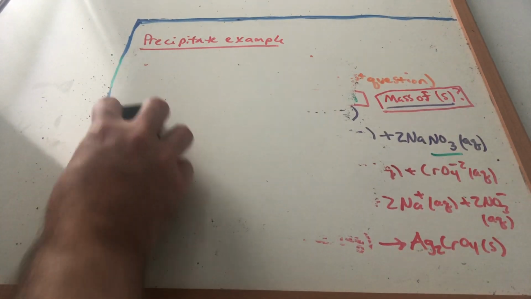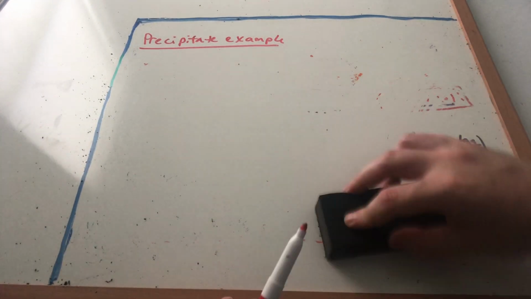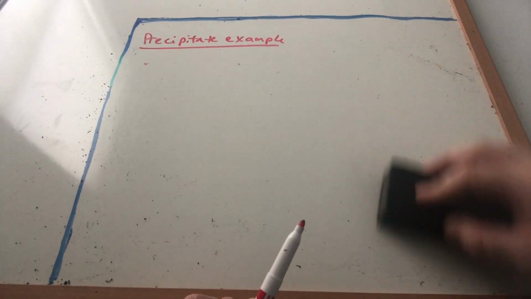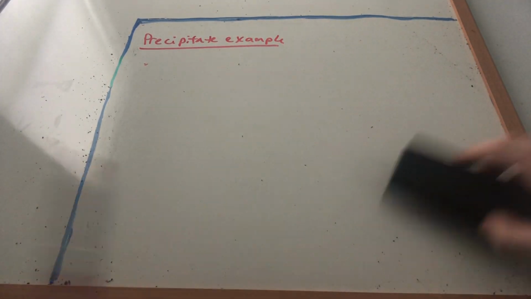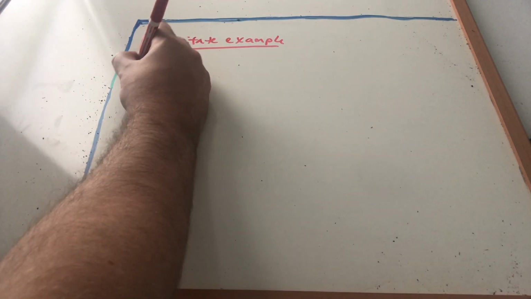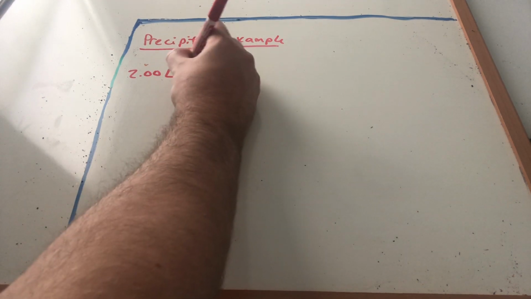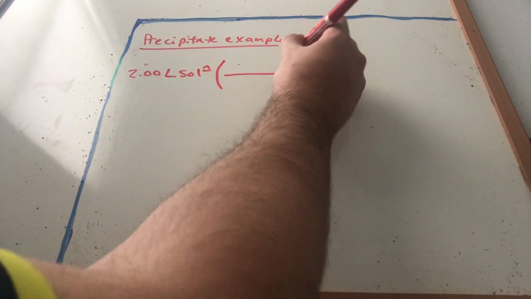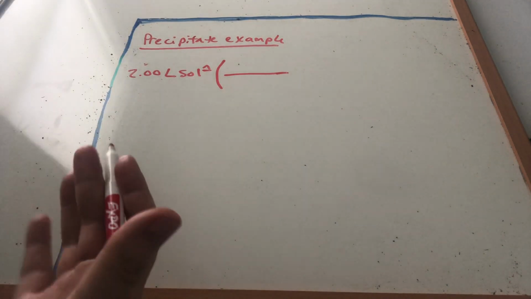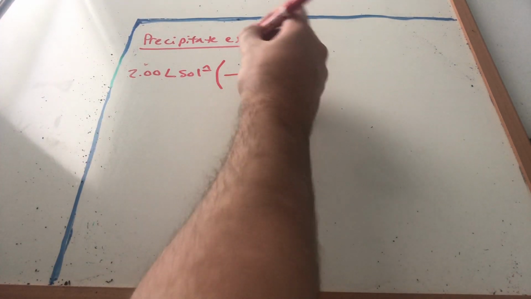So here's what the math for this problem looks like. Again, I'm just showing you how you can combine all these ideas into one comprehensive example. We have 2.00 liters of our AgNO3 solution. I know the molarity, and I also know that molarity translates into moles per liter.